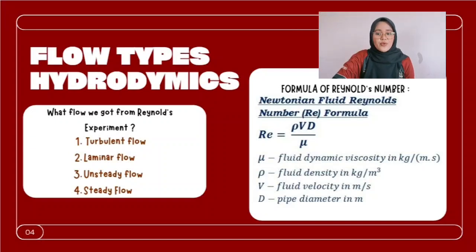So what is the formula of the Reynolds number? The formula is Re equals rho V D over mu, where mu stands for fluid dynamic viscosity in kilograms per meter per second, rho is fluid density in kilograms per cubic meter, V is fluid velocity in meters per second, and lastly D is pipe diameter in meters.